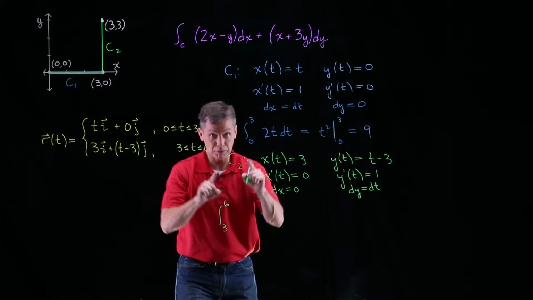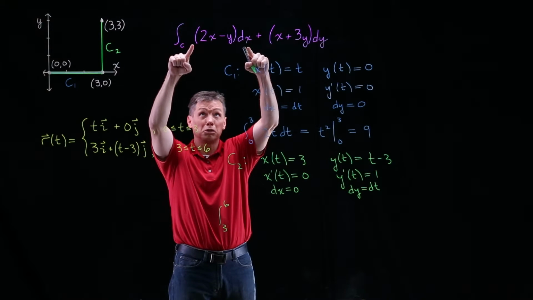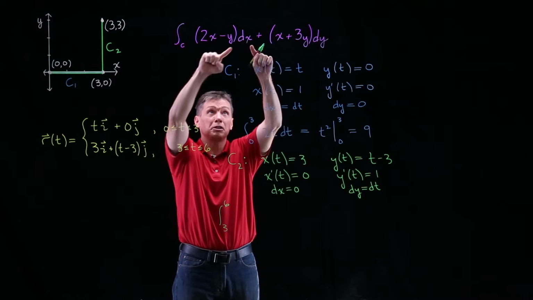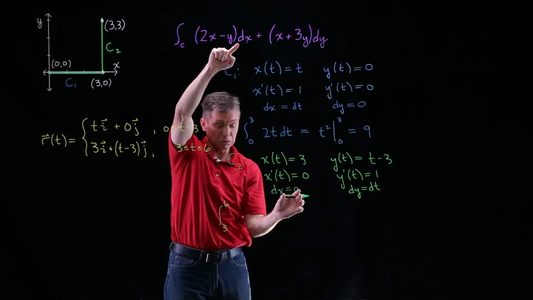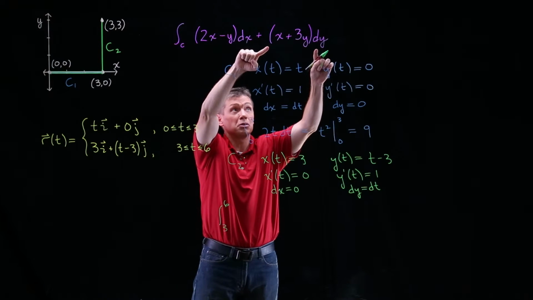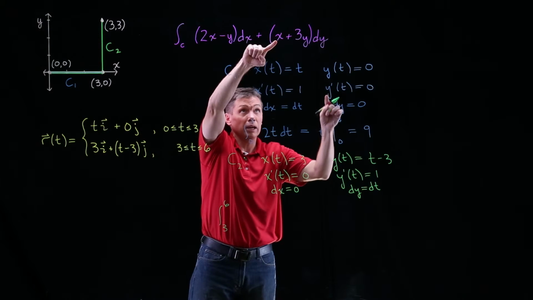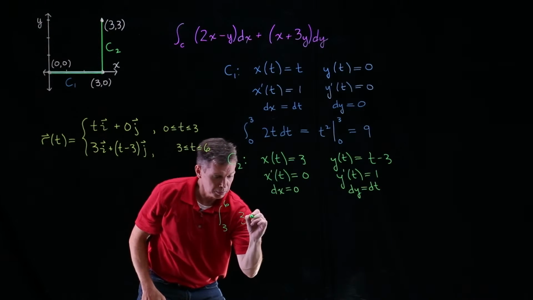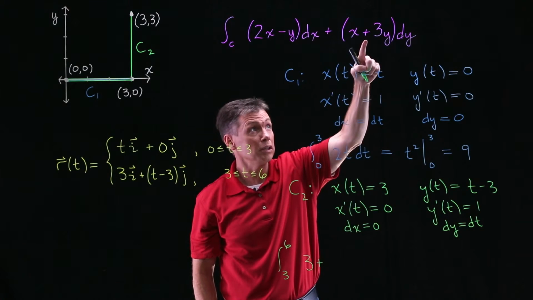3 to 6. This time my first term inside there is going to be the one that blanks out. This is convenient. It's very fortunate for us, but the dx goes here to 0, so that's gone. I just need to worry about this second part. So my x is 3, and then there was a plus sign. I'm looking here.